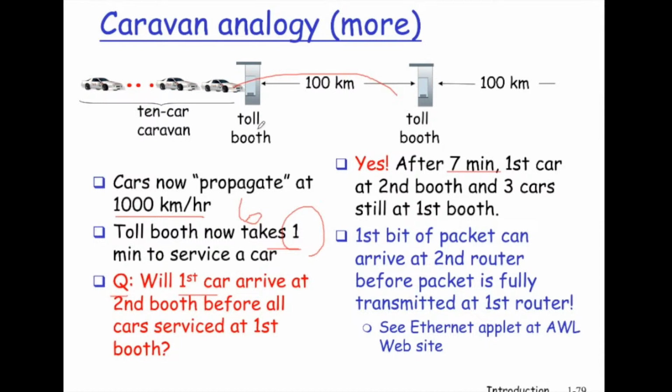Now, 7 minutes is also the time to service 7 cars at the first toll booth. That means we have 3 cars that are still behind at the first toll booth. So yes, when the first bit arrives at the next router, there could still be bits not yet transmitted out from the previous router. In this case, where the propagation speed is really fast and the transmission rate very low, you have this weird situation.